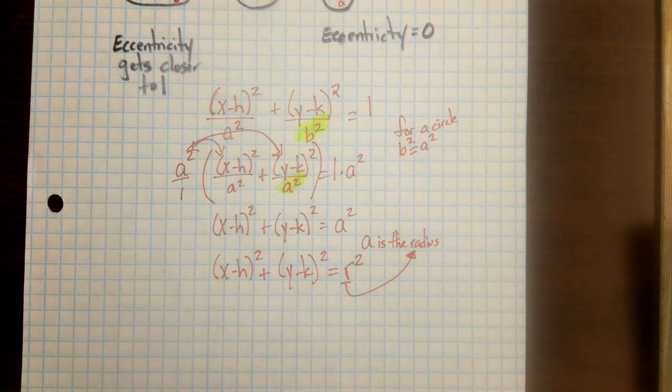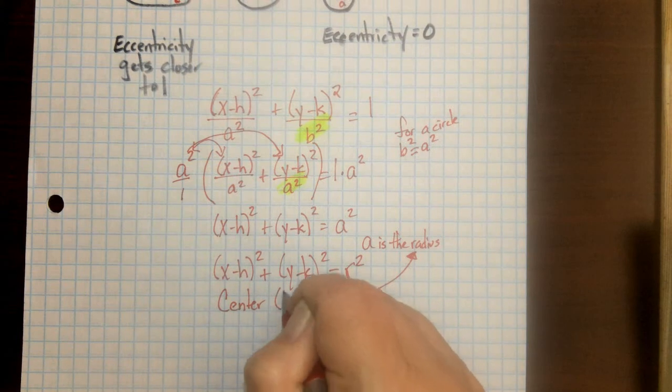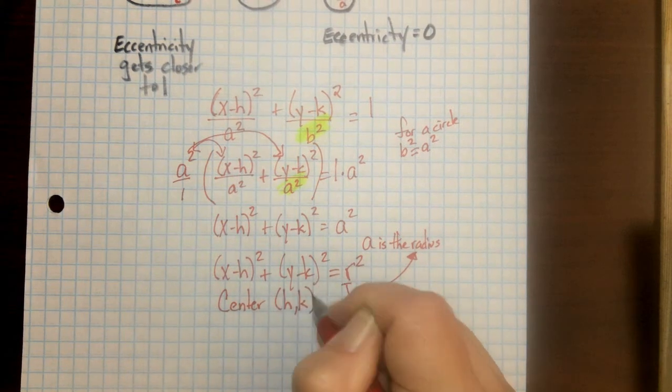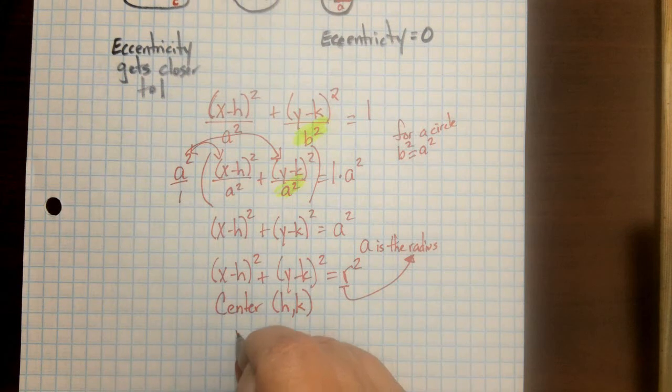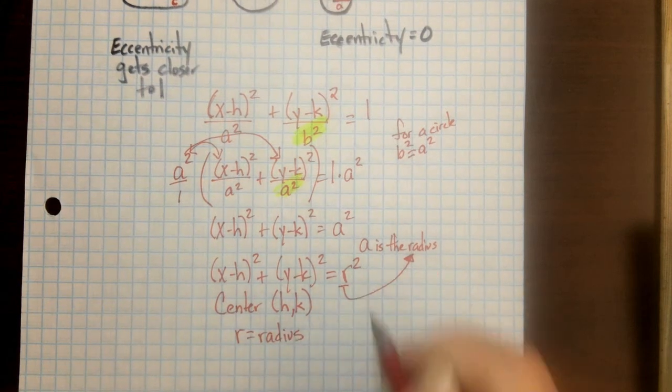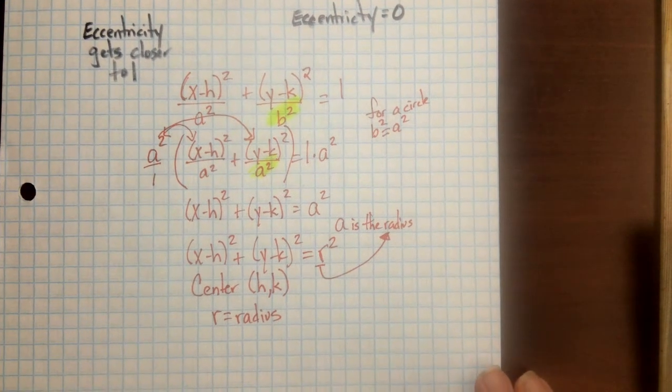So the center of our circle is at h, k. If that wasn't obvious to you, that h and k is the center of the ellipse, and that h and k is also going to be the center of the circle. And r is equal to the radius. So whatever that number is, take the square root of that, and that's your radius.